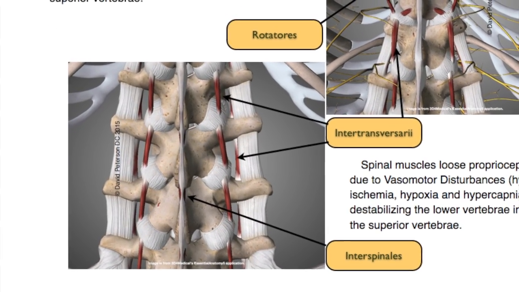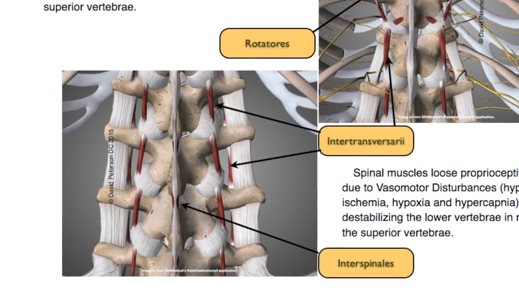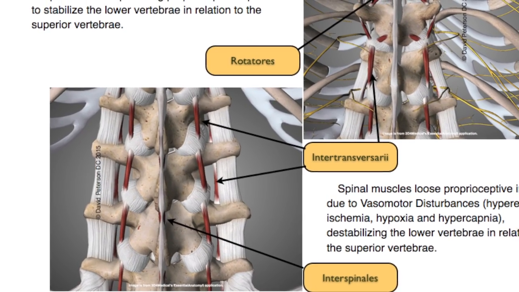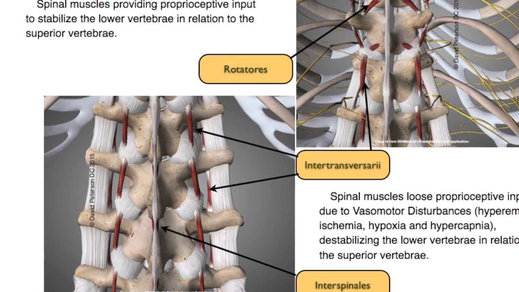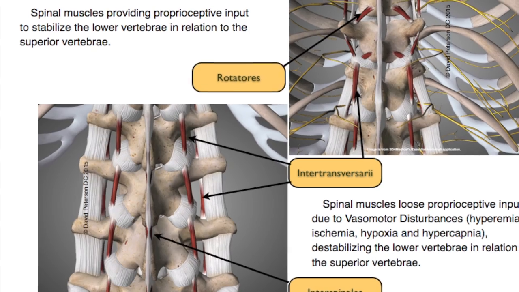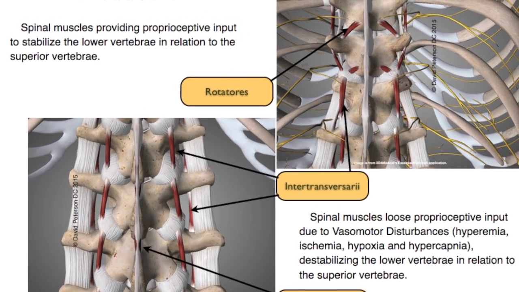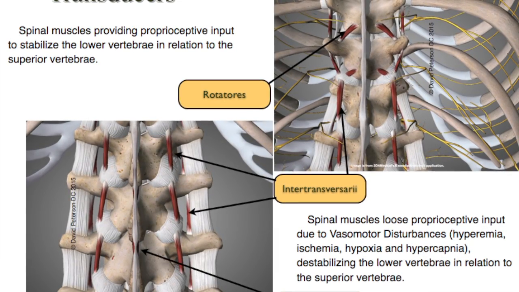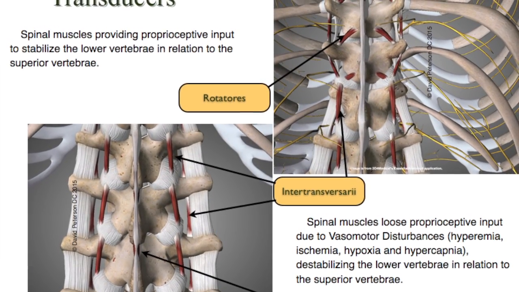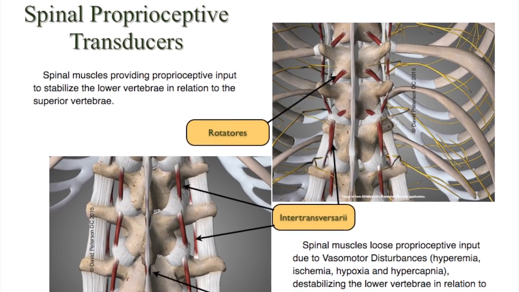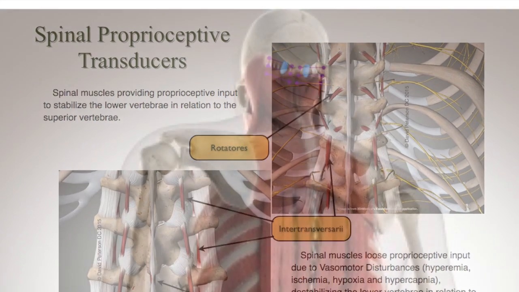Three spinal muscles, interspinalis, rotatores, and intertransversarii, provide proprioceptive input to stabilize the lower vertebra relative to the superior vertebra. The intertransversarii and interspinalis act as large proprioceptive transducers, their value not lying in the force they can exert, but in the muscle spindles they contain.